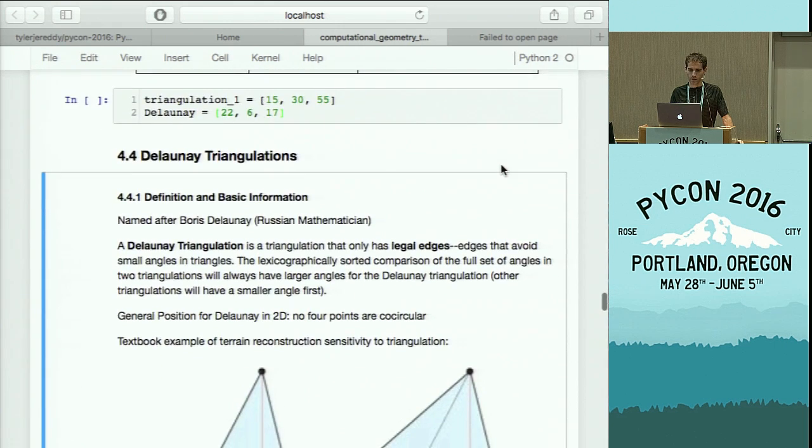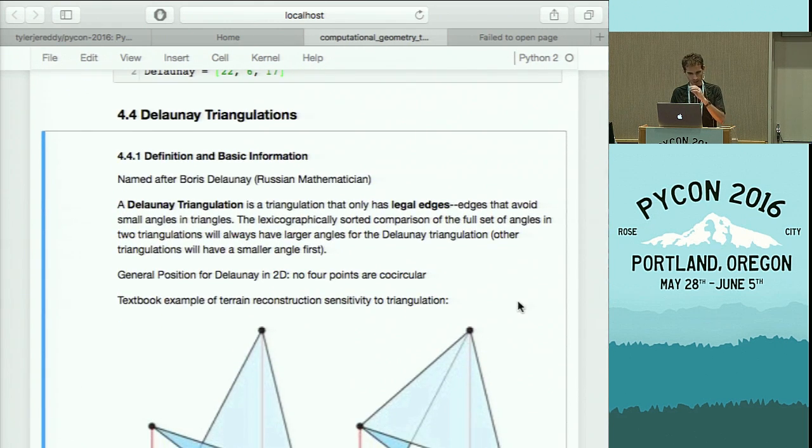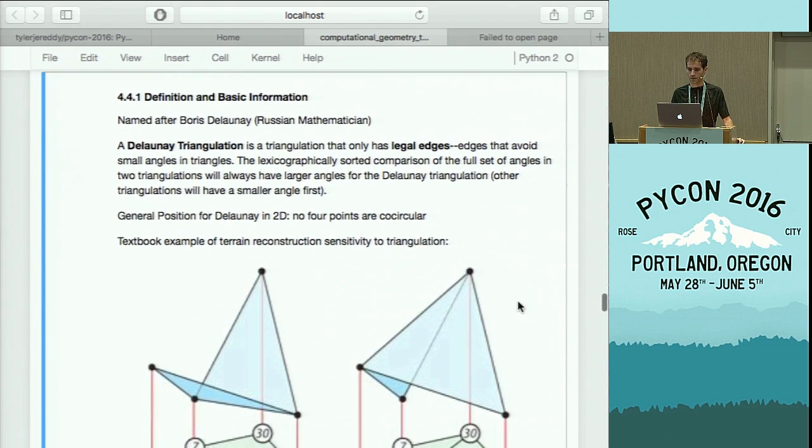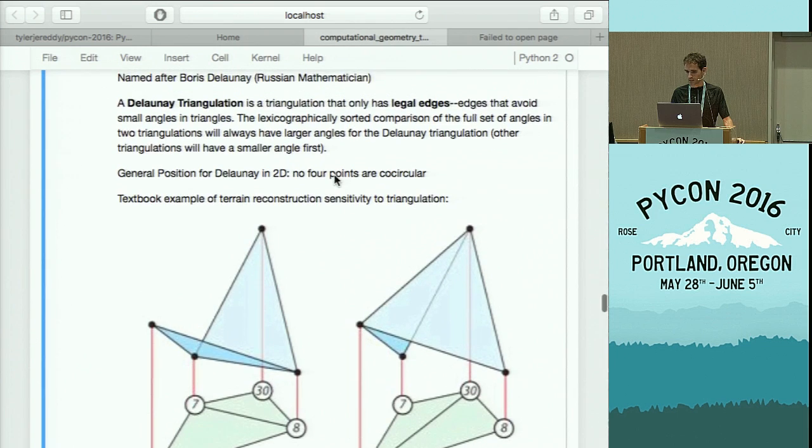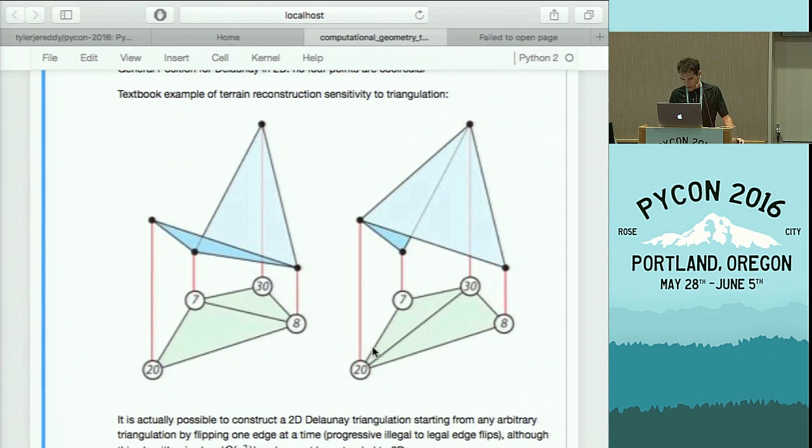You really want to avoid skinny triangles that have really small angles. Here you can intuitively see that the angles here and here would be smaller than here and here.